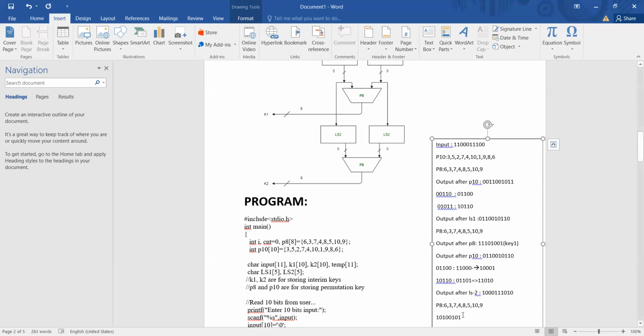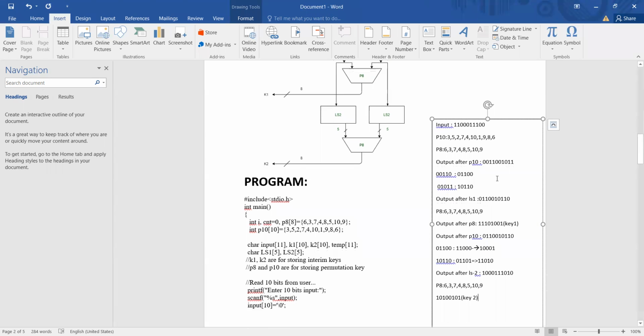And this is the 8 bit digit key. It is the second key. This is the second key which we have generated.